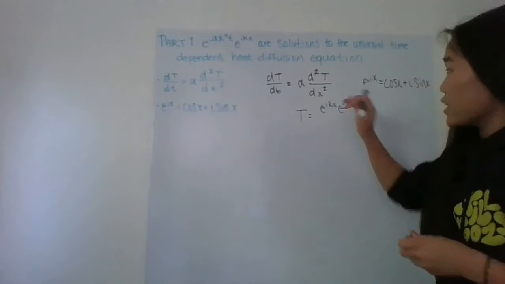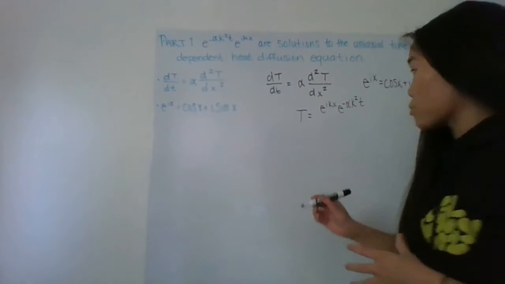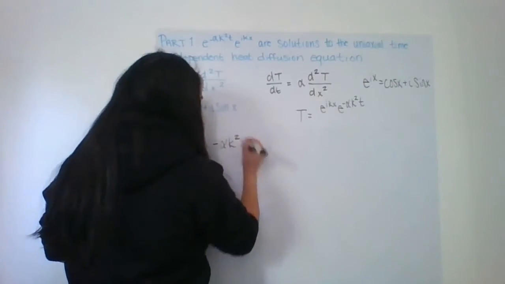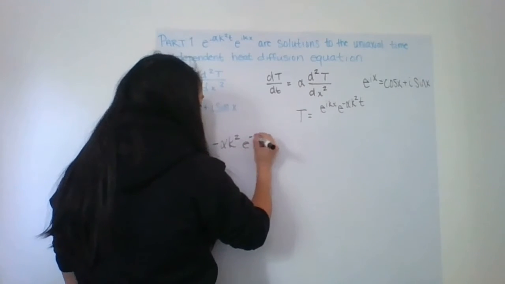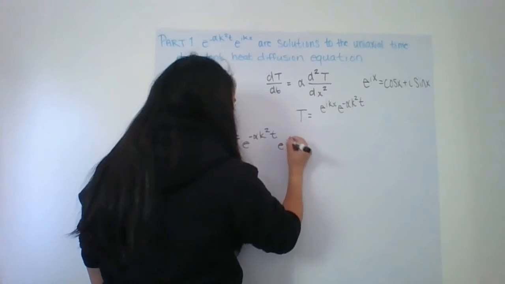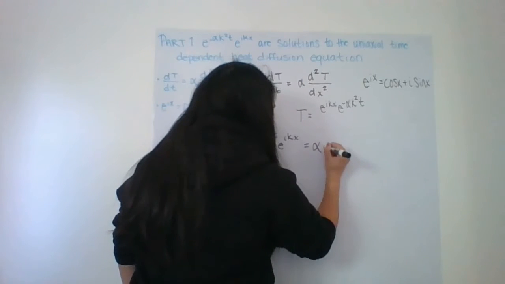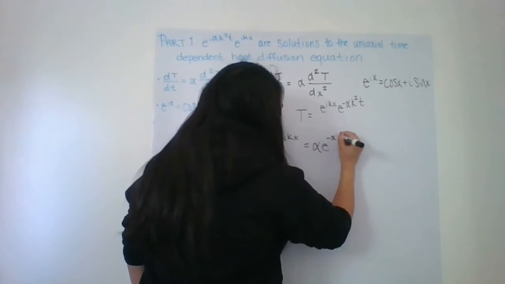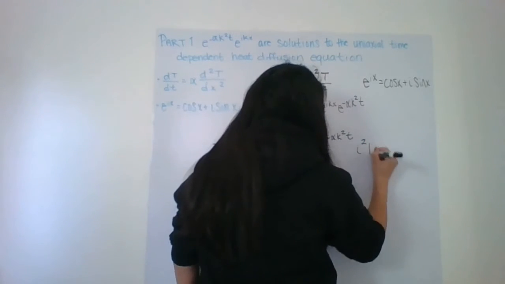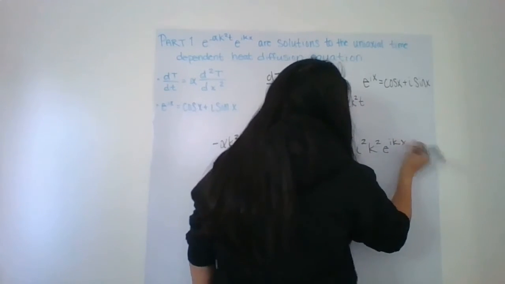Substituting this new equation into our heat diffusion equation to check if this satisfies our partial differential equation, we end up getting negative alpha k squared times e to the power of negative alpha k squared times t multiplied by e to the power of ikx equals alpha times e to the power of negative alpha k squared times t, and then this is multiplied by i squared k squared times e to the power of ikx.